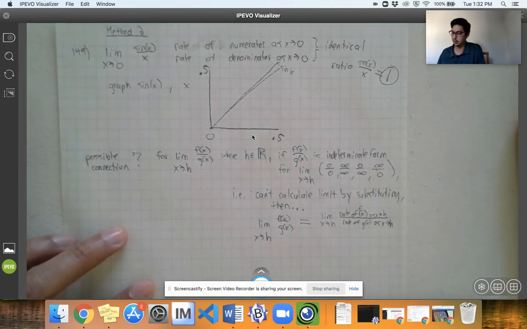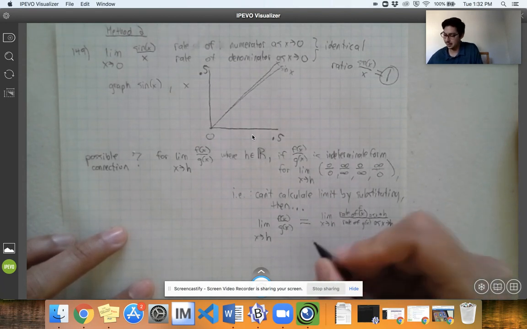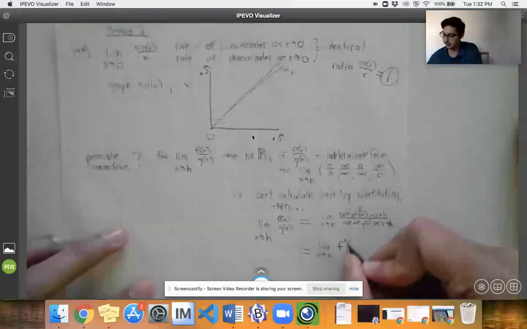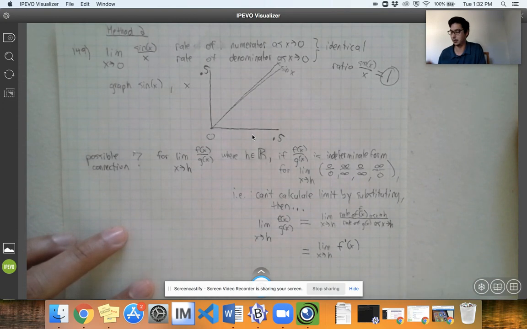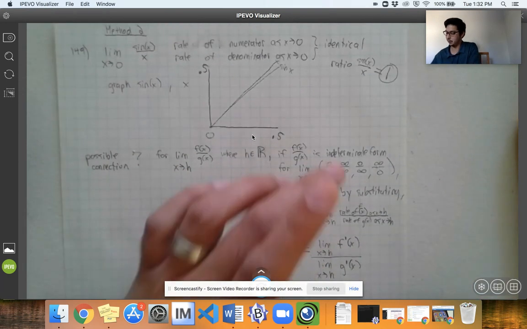which, what's another way of saying rate of f of x or rate of g of x? That's the same thing as saying the limit as x approaches h of f prime of x over the limit as x approaches h of g prime of x. Remember that derivatives are your rate. And I actually messed up here.